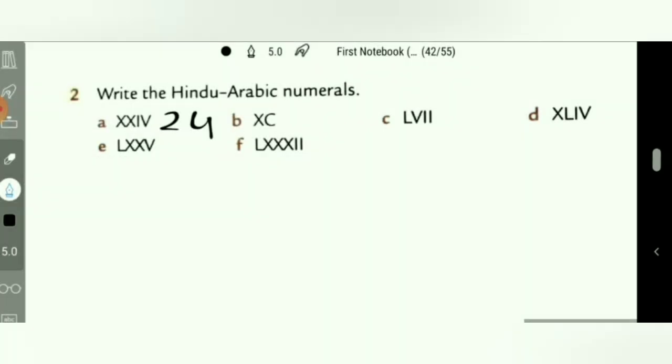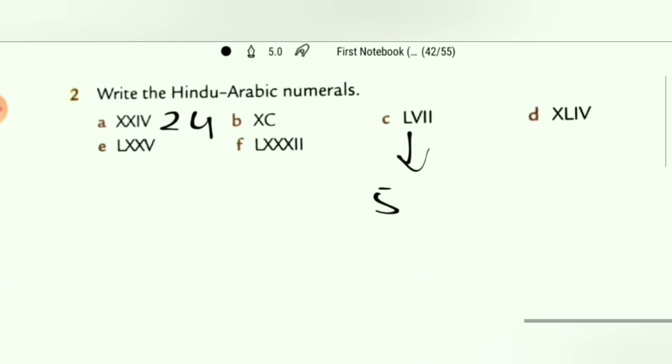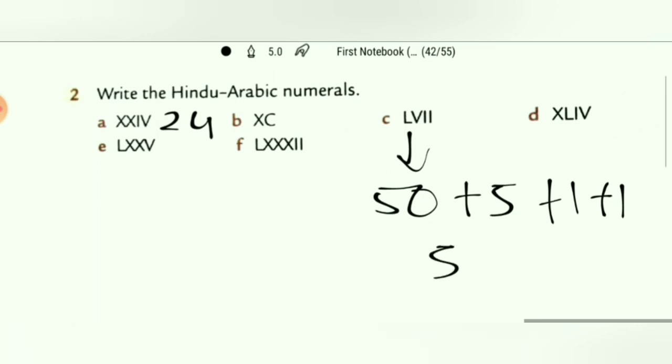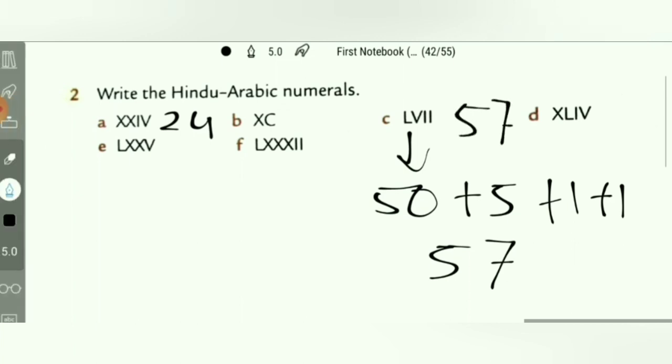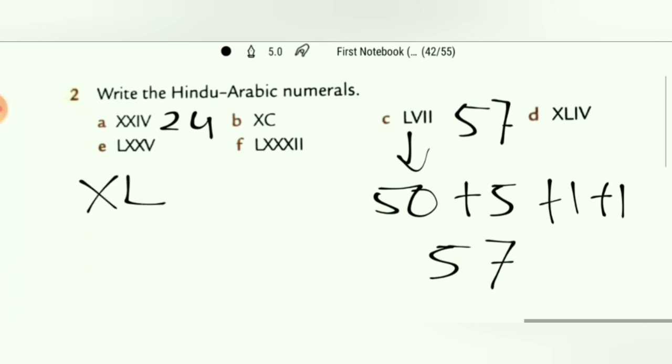Next, XC. Just now I explained the previous question. Next, this one. 55, 1 and 1. 55, 56, 57. So this answer is 57. Next question. XLIV.